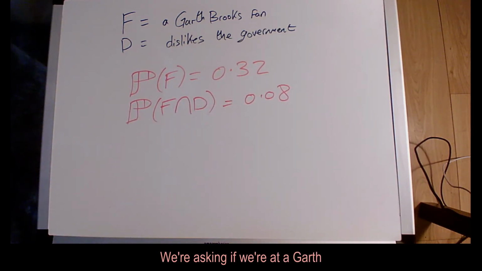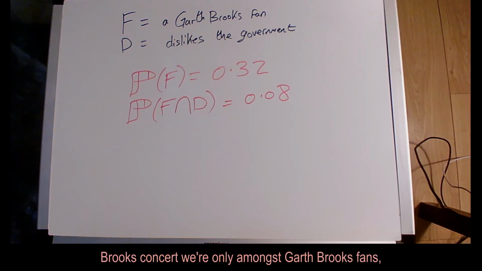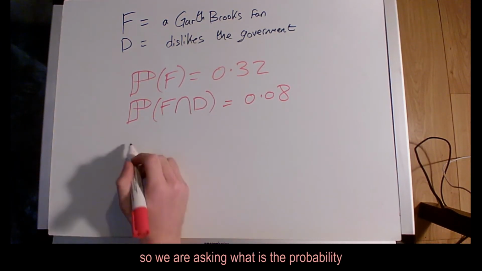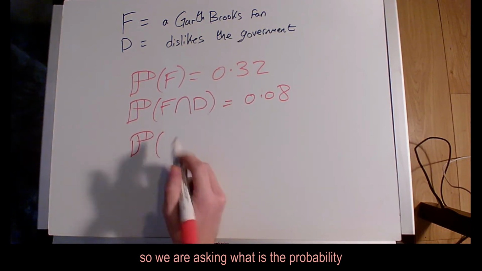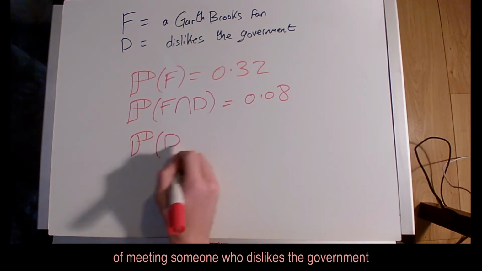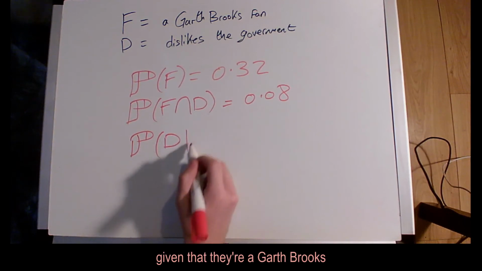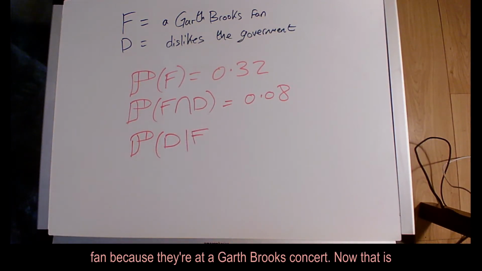We are asking, if we're at a Garth Brooks concert, we're only amongst Garth Brooks fans, so we're asking what is the probability of meeting someone who dislikes the government given that they're a Garth Brooks fan because they're at a Garth Brooks concert.